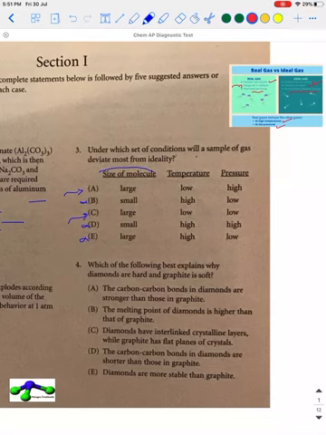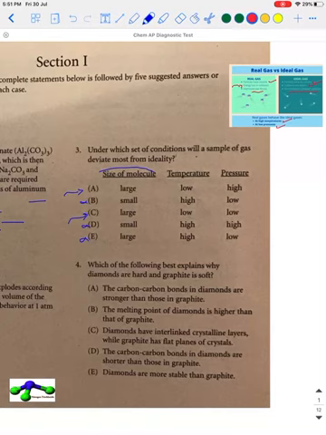What's the difference? The difference is in the other factor, which is the size of the molecule. We know that if the molecules have large sizes, the interaction between them is higher, while in small molecules it's the opposite.